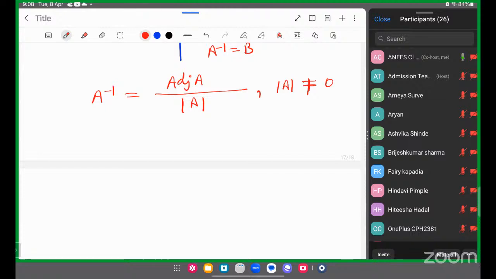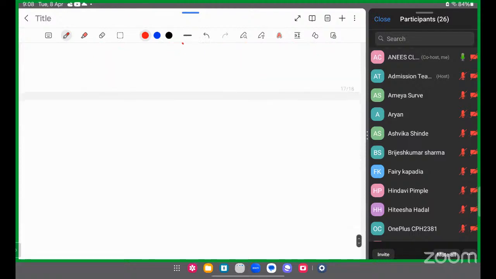A square matrix may or may not have inverse. It will depend on the determinant of the matrix. If the determinant of the square matrix is not 0, it will definitely have an inverse. And if the determinant of the square matrix is 0, in that case, it is a square matrix, but it does not have inverse. Are you getting it? So every square matrix does not have inverse.